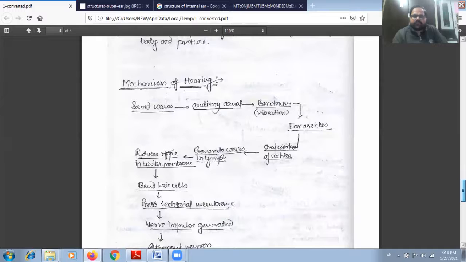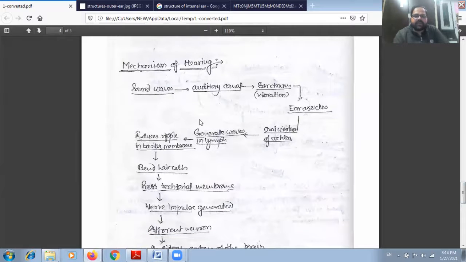Now we have already discussed the mechanism of hearing. Sound waves enter the auditory canal and hit the eardrum, or tympanic membrane, which vibrates. Then the ear ossicles vibrate and enhance the amplitude of the sound, and it hits the oval window. Then it generates a wave in the lymph and induces a ripple of the basilar membrane, which bends the hair and presses the tectorial membrane.